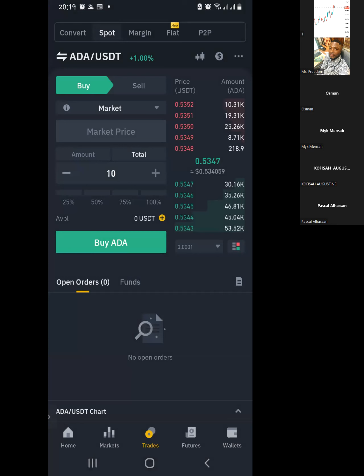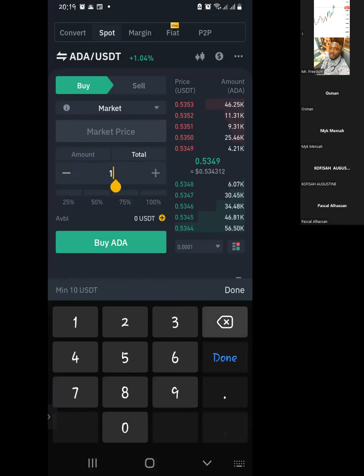The other option is, imagine you have about $1,000 in your account. Instead of typing in the amount, below where I entered the amount you see some percentages written there: 25%, 50%, 75%, 100%. You can use that to determine the percentage of your available capital that you want to trade.